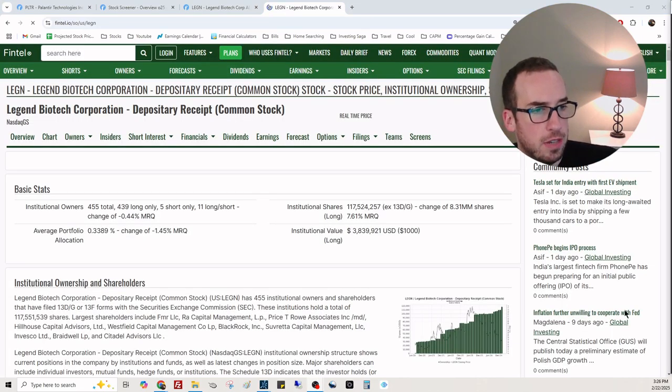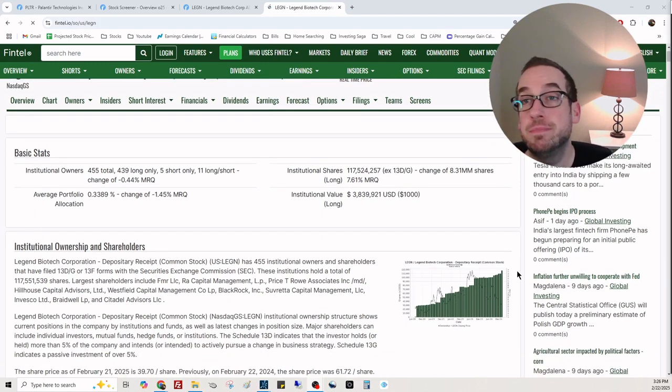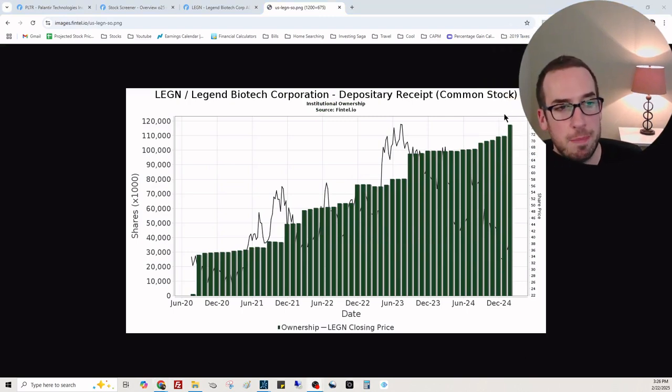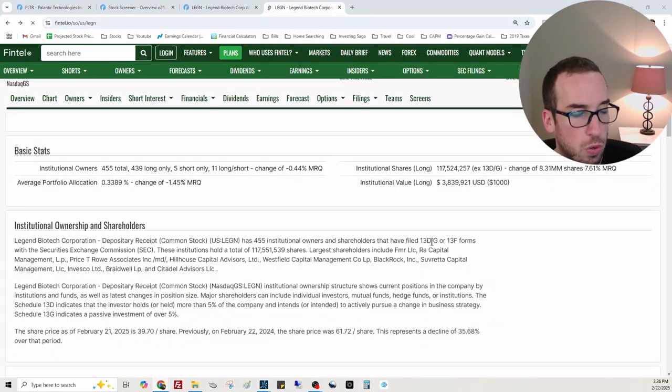Take it to the limit. Okay, well, you guys, yeah, that's sick. That is dope. We're gonna manually calculate this because I really want to know. So institutions are holding 117,524.